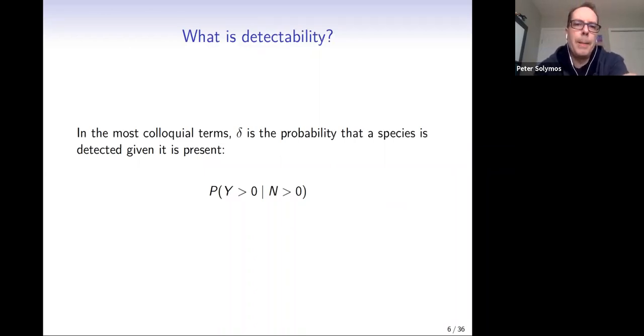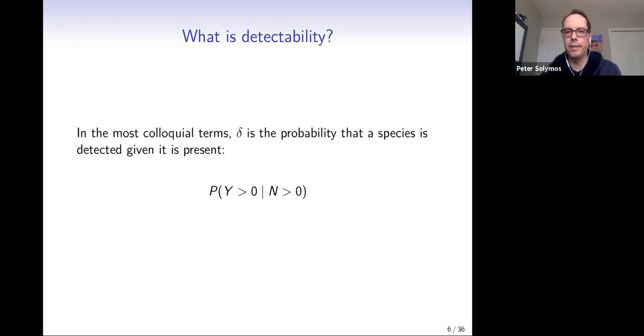So we're going to talk about detectability, and in very plain terms, what that means is the probability of a species detected given that it is present at a station where you go and sample. And in this little notation, capital N stands for the true abundance, what is within your area that you're sampling.